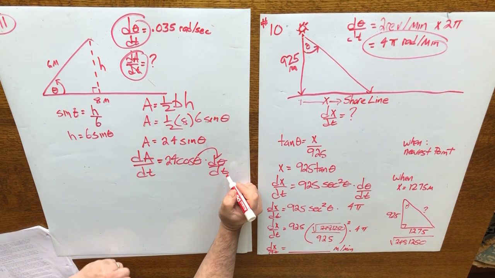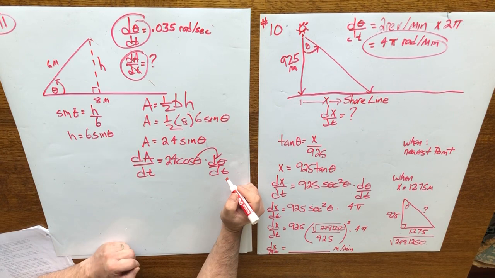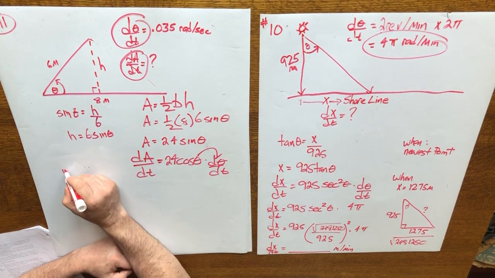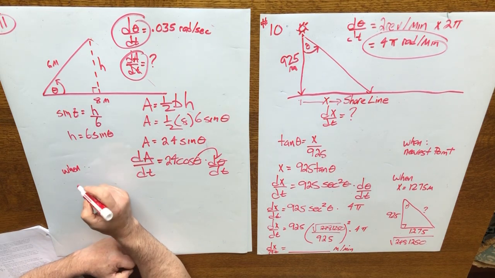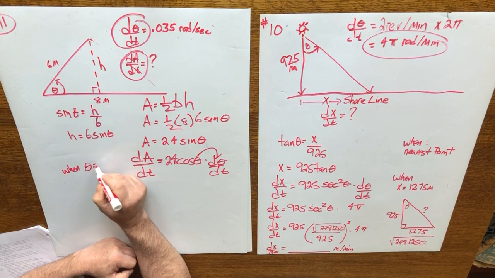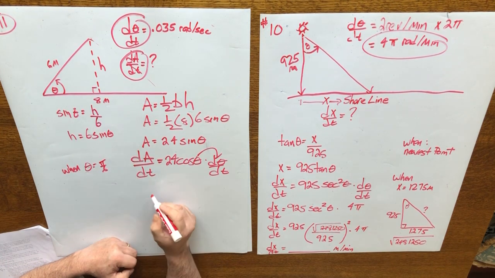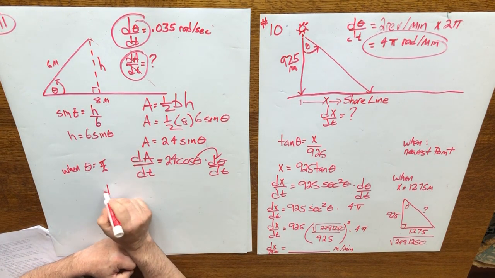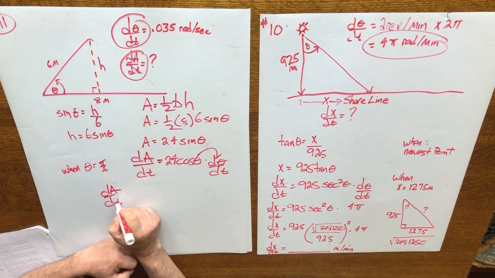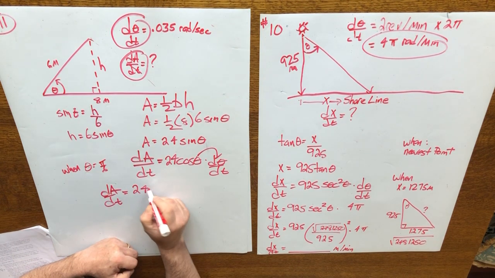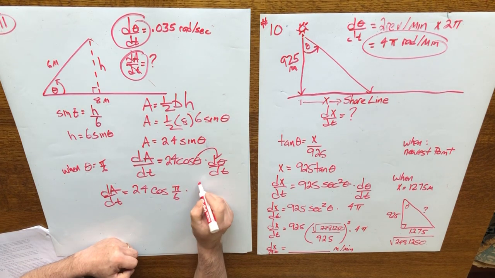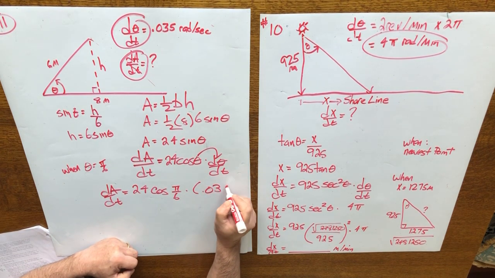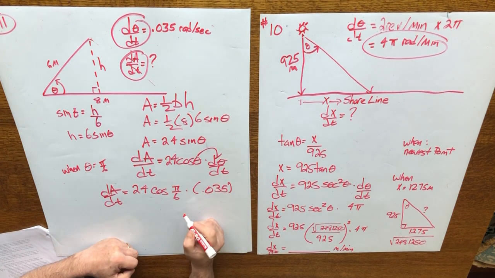And what was the when in this question? In number 11, when theta equals pi over 6. So you've got dA over dt equals 24 cos pi over 6 times 0.035. That's d theta dt.